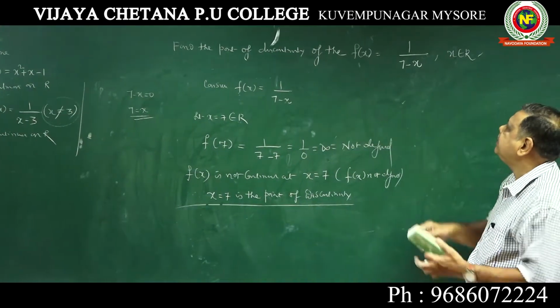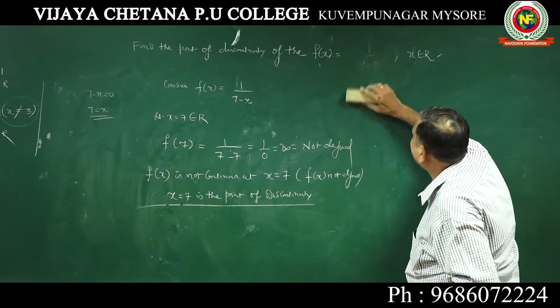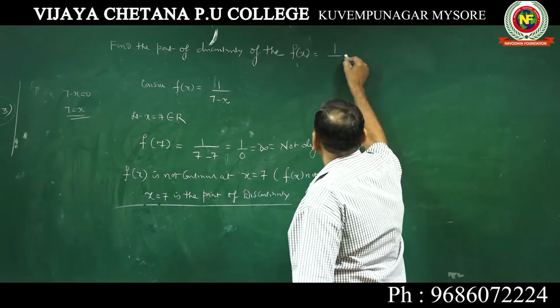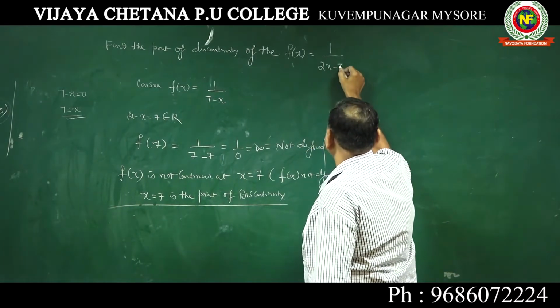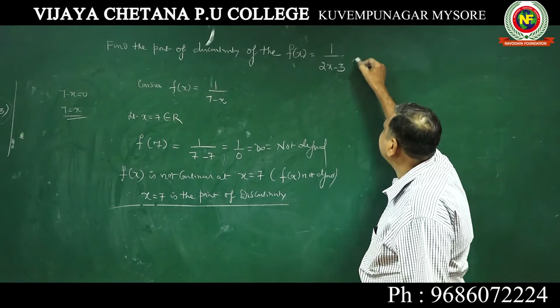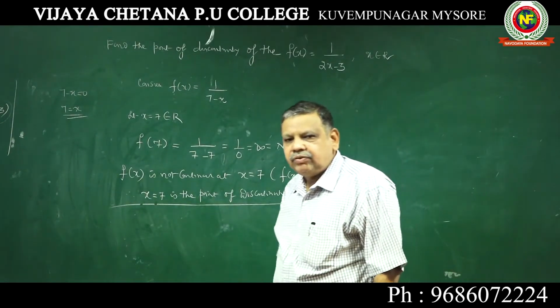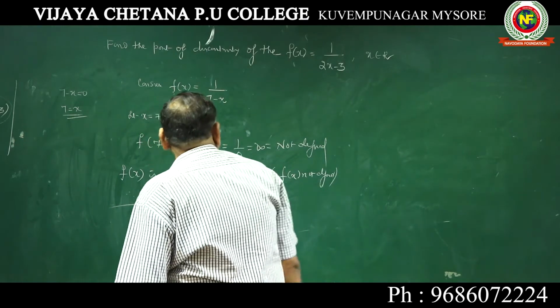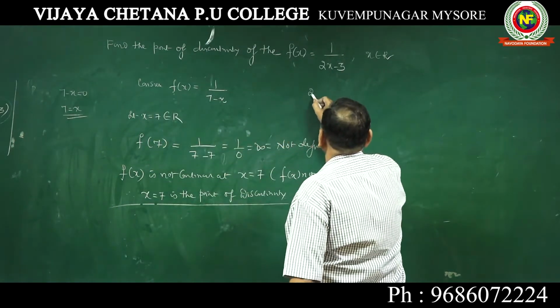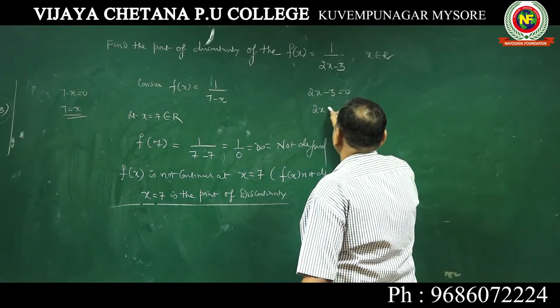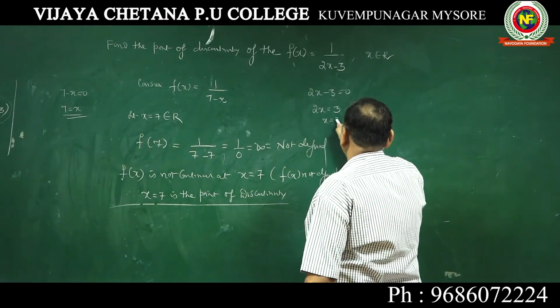Suppose the same problem is given, take this problem. Find the point of discontinuity of the function f(x) is equal to, suppose if they ask like this, 1 over 2x minus 3, of course x belonging to R. What is the point of discontinuity? I told you, just take 2x minus 3 equal to 0, then 2x equal to 3, x equal to 3 by 2.